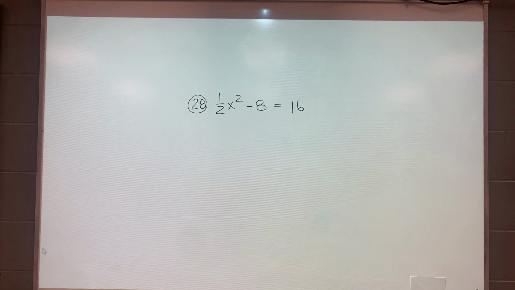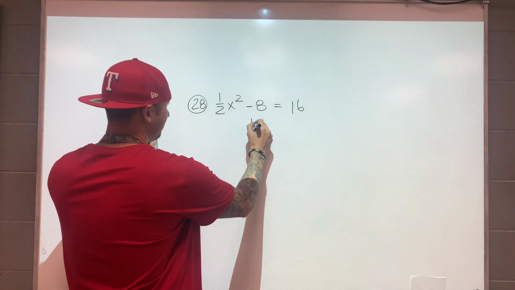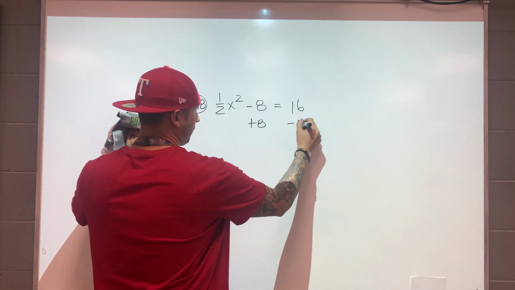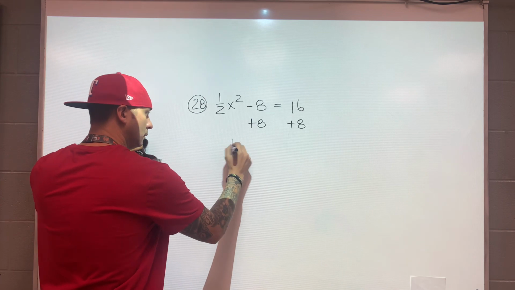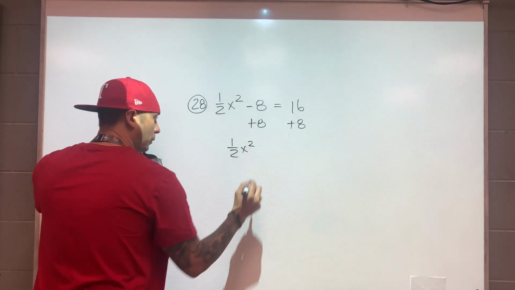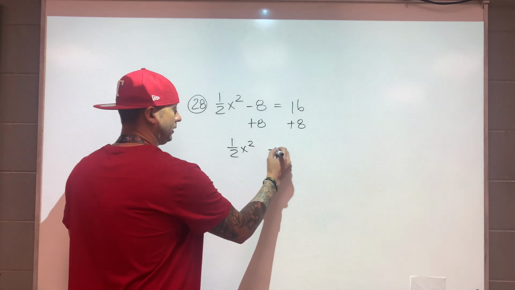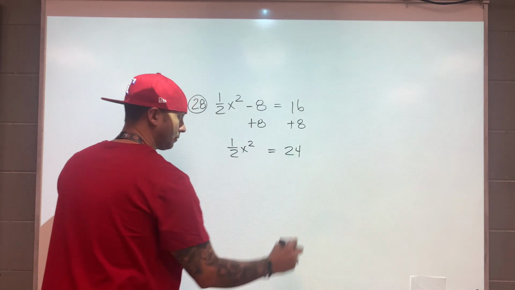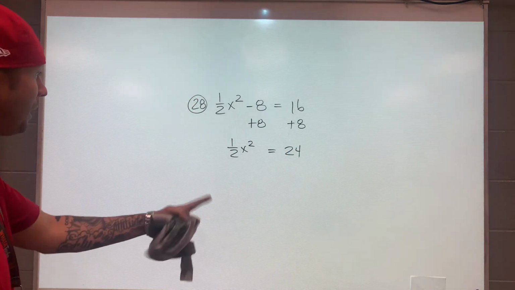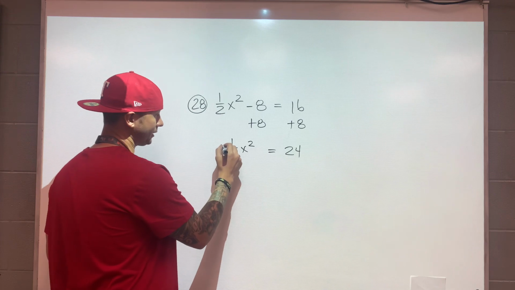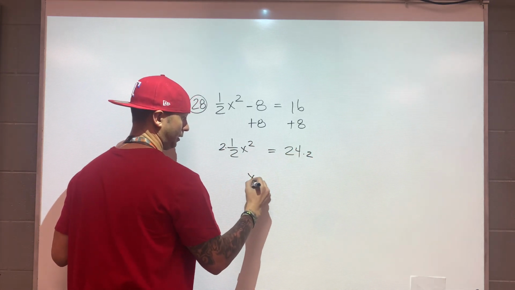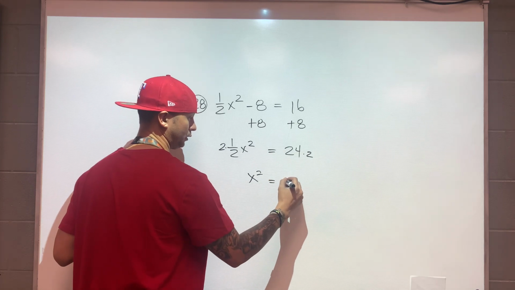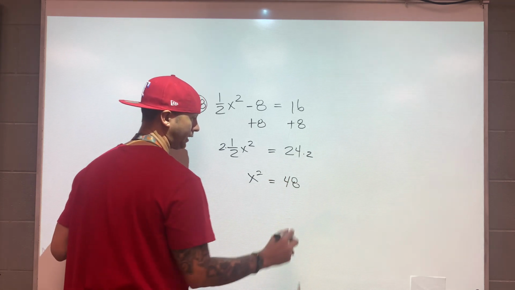Now I'm going to add 8 to both sides. So 1 half x squared is equal to 24. Multiply both sides by 2. I want to clear the fraction. So x squared is equal to 48.